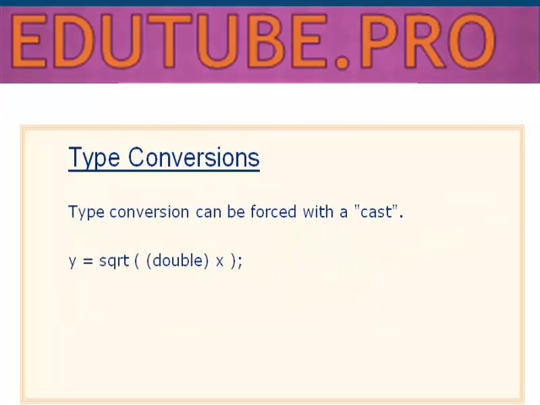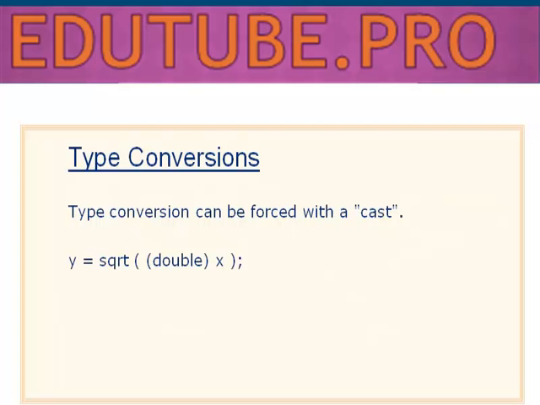Now there's another way that you can do a type conversion, and that's forcing it yourself with a cast. Sometimes that helps you to be able to read the code more clearly, and it certainly helps the compiler because you can expressly say in your code exactly how you want something converted.